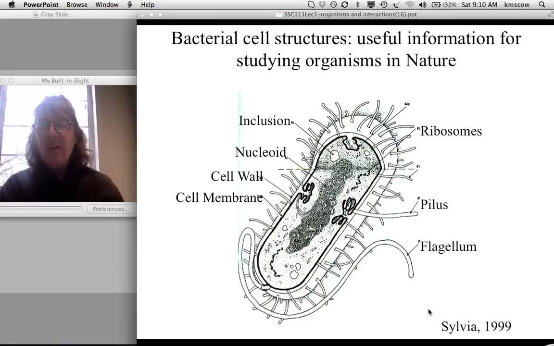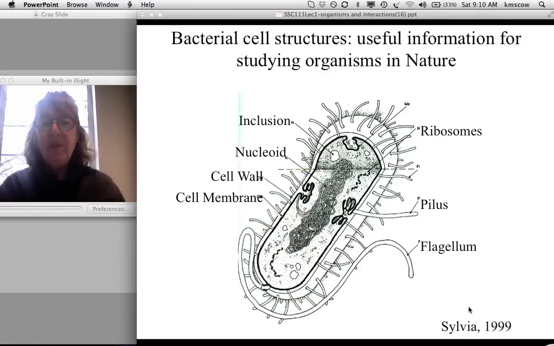We already know about the nucleoid, that we use the sequences from that to classify life and maybe go looking for organisms in nature. But also the cell wall varies among different groups of organisms, and the chemistry of that cell wall can be really useful for figuring out who is there in the soil, but it's also very useful for evaluating the role of microbes in, for example, the carbon cycle.